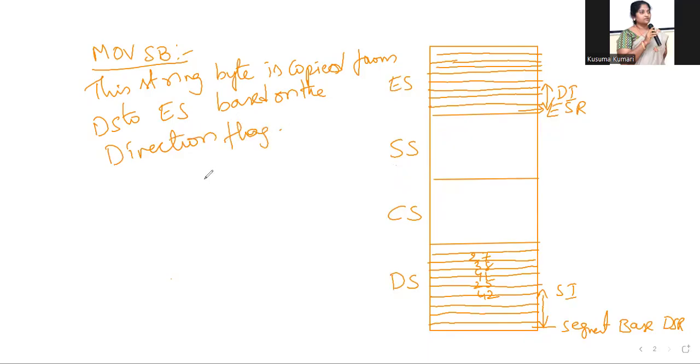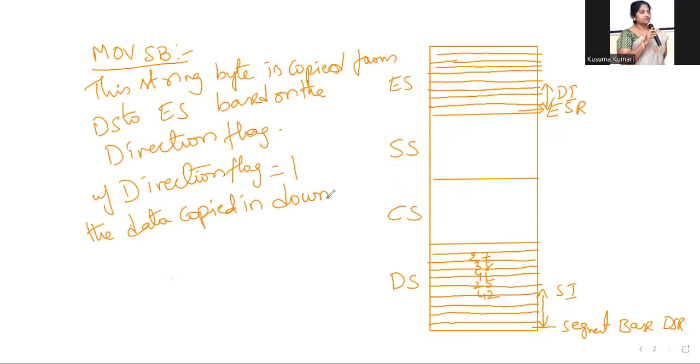So if direction flag is equal to 1, then the data is copied in the downward direction.